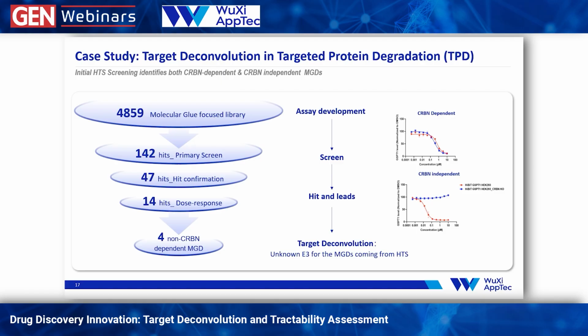After the first screening, we identified around 142 primary hits, and 47 of them could be confirmed in the secondary screening. 14 of the hits show very nice dose response, and 4 of these 14 hits were actually non-cereblon-dependent molecular glues, which means they show a very significant GSPT1 degradation effect even in the cereblon knockout cell lines.